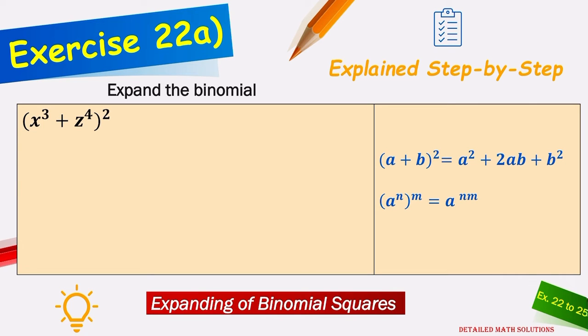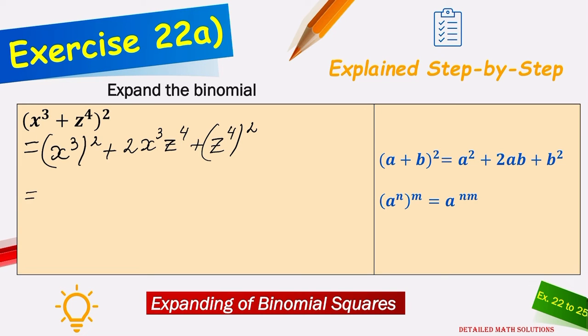X cubed corresponds to the a in our formula, and z to the fourth corresponds to the b in our formula. Therefore, when we apply the formula, this equals x cubed squared, the first term squared, plus 2 times the first term times the second term, 2 times x cubed z to the fourth power, plus z to the fourth power squared.